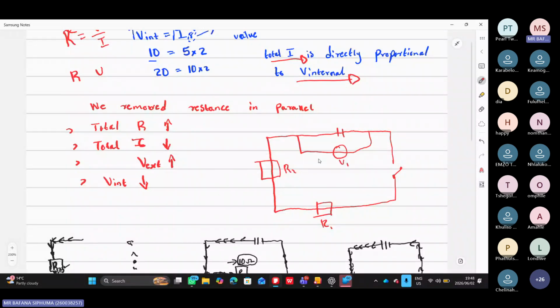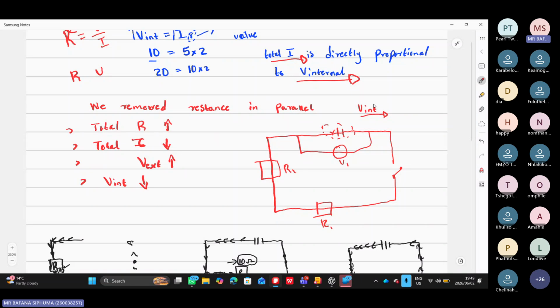So what will be happening is that now, let's say we also have the internal resistance, for instance, right? But our switch is open. When our switch is open, there is no movement, no current reading, no current there. So which means that our V1 is reading the total voltage, which is basically what? The EMF, right? Then whenever we start to close our switch, and internal resistance comes into action, then we will be having V internal, right?